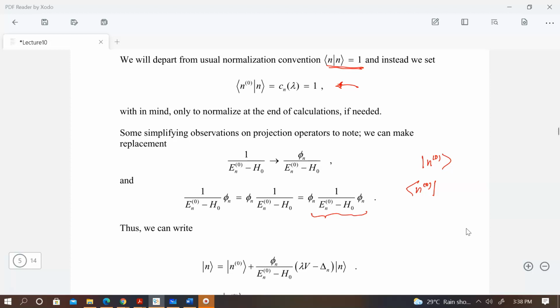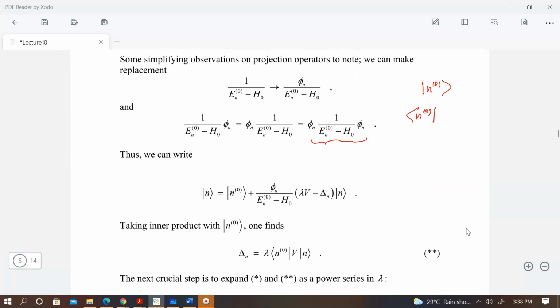So if you have both n naught in the cat side and also n naught in the bra side, then you actually use this particular operator, so to speak. But for now, we can just think of, for example, acting on this cat. You can just simply use this one, okay?